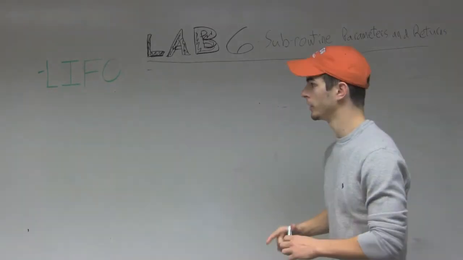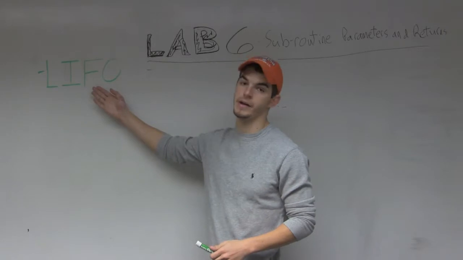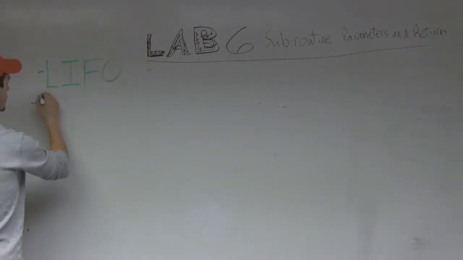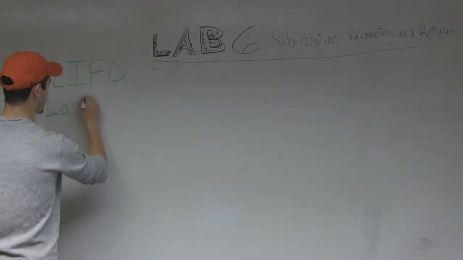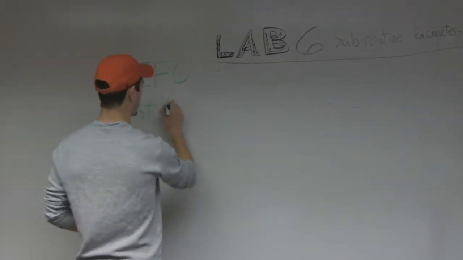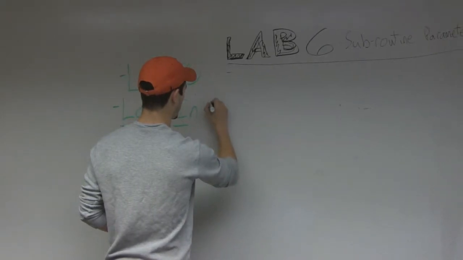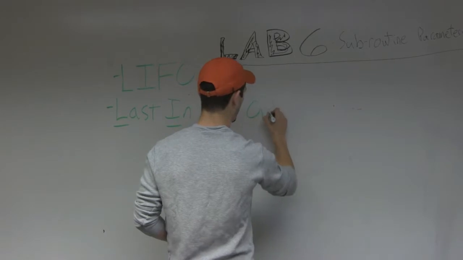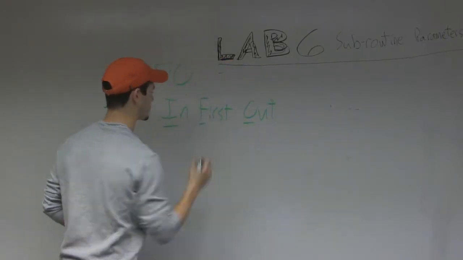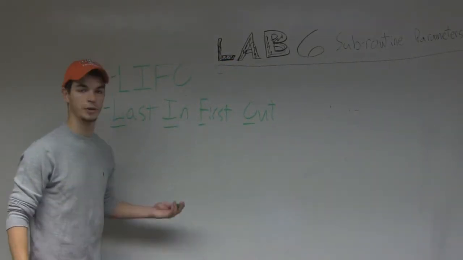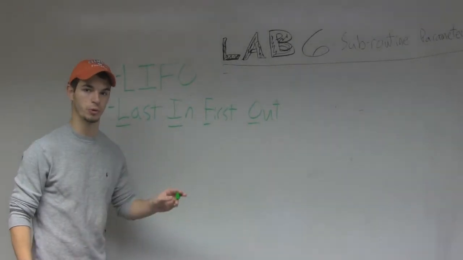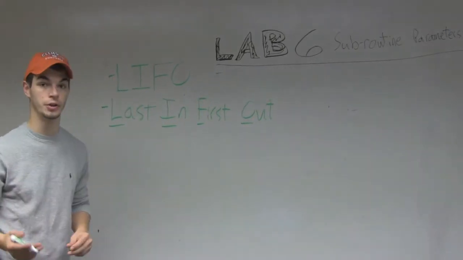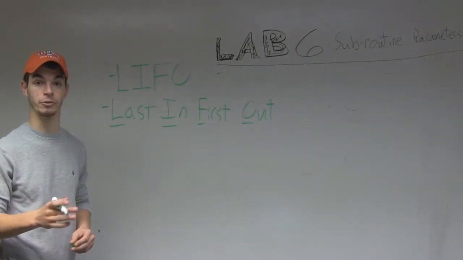So the method that we use is known as the LIFO method, and that stands for last in, first out. Best way to remember that is just reverse order. When you're passing your arguments on the stack in assembly code, you want to pass them in reverse order.